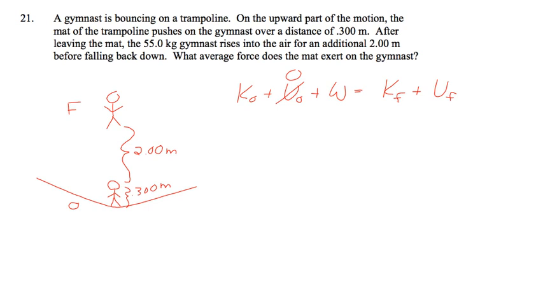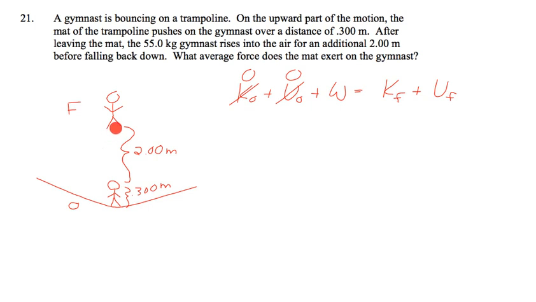Also, when the person is right here, that's when the trampoline is fully stretched. They were moving down prior to it being fully stretched, and then they start coming up. In between going down and coming up, they have to temporarily stop, so the original kinetic energy is 0.